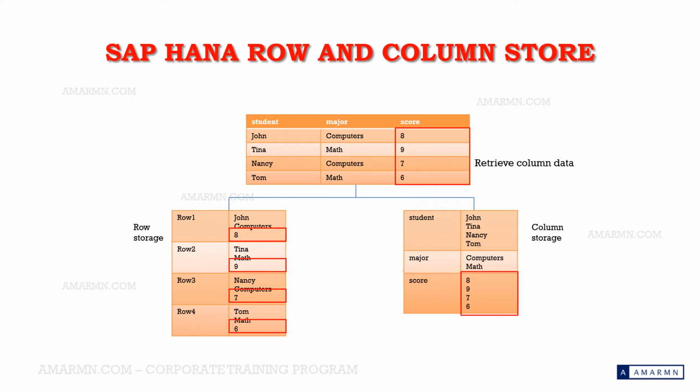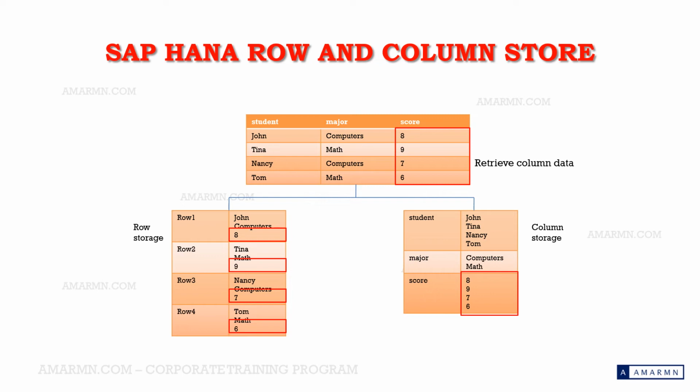SAP HANA gives you the ability to make a table either row storage or column storage. You cannot have a table that is both row and column store at the same time. Based on your application and usage, you will have to decide for the table to be either row store or column store, considering the various advantages that column store has over row store.